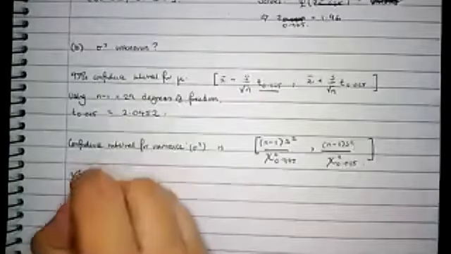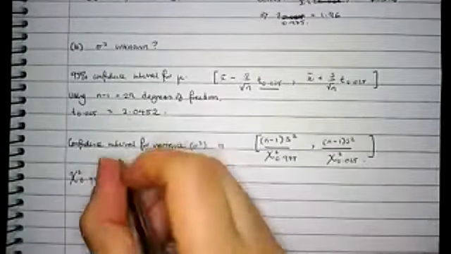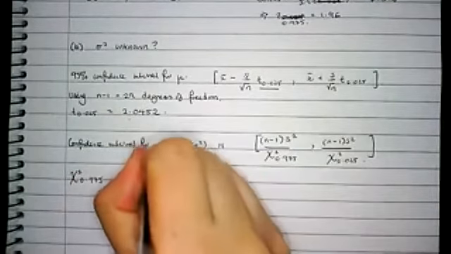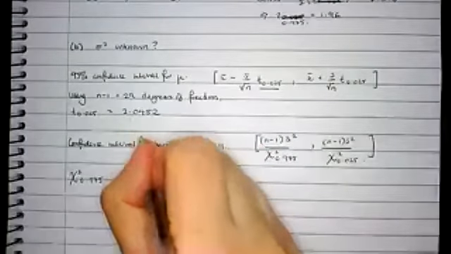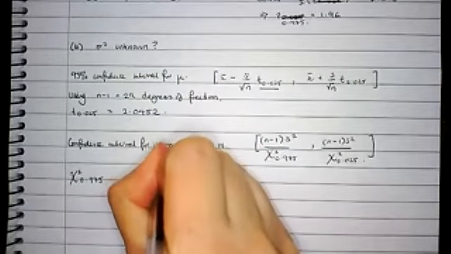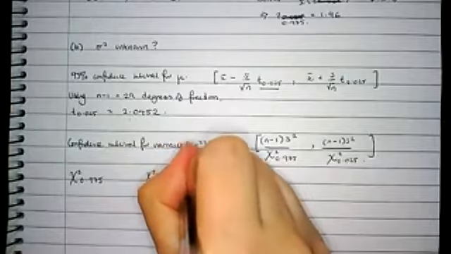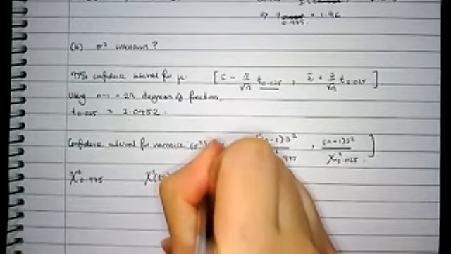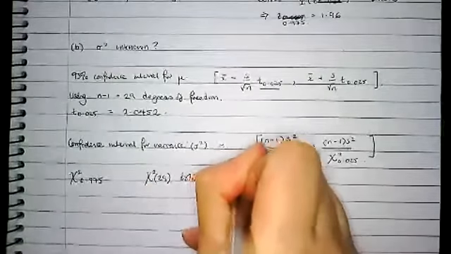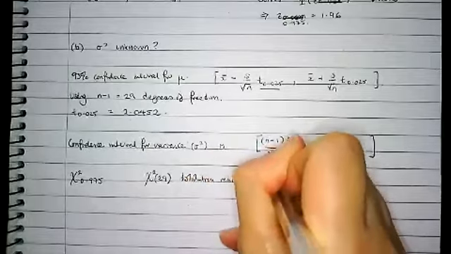So chi squared 0.975 is the point at which the chi squared 29 distribution, so 29 degrees of freedom in the chi squared distribution, reaches 0.975.